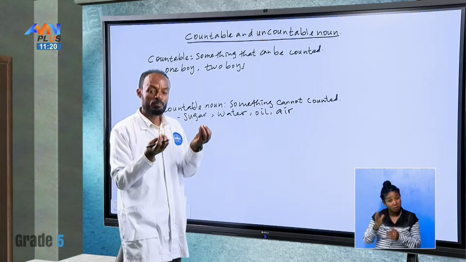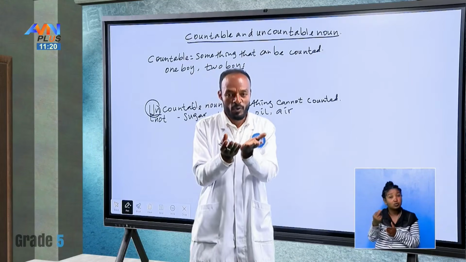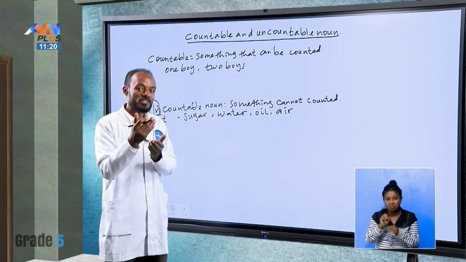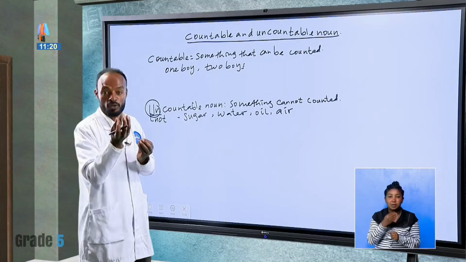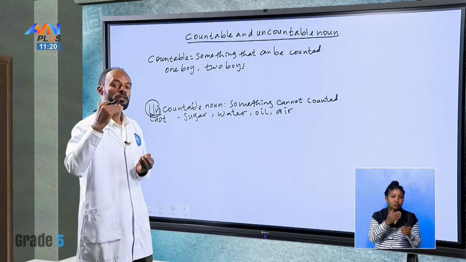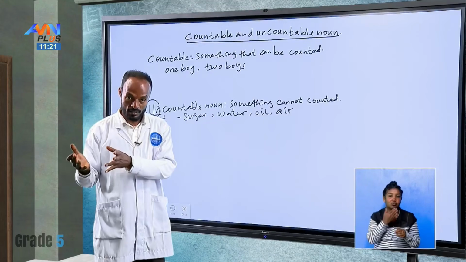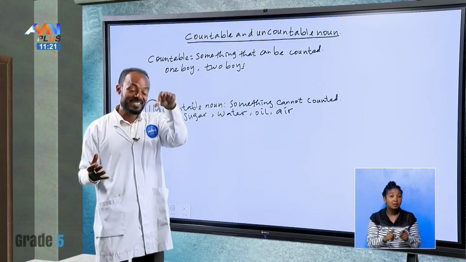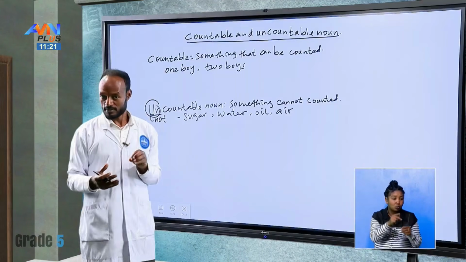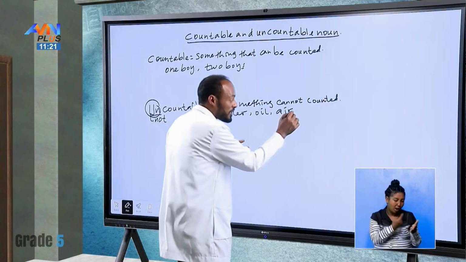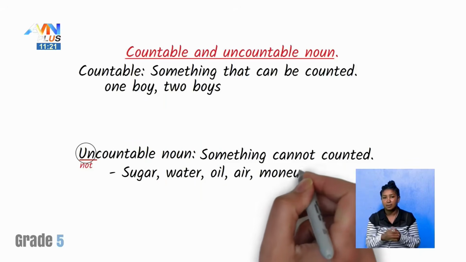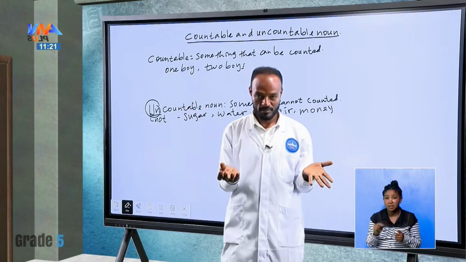Maybe they can be counted using some pointers, maybe units, okay? We can count sugar in kilos: one kilo, two kilo, three kilo of sugar. But still, we're not counting the sugar. We're counting what? The units. And also here, money is uncountable. We cannot count money.